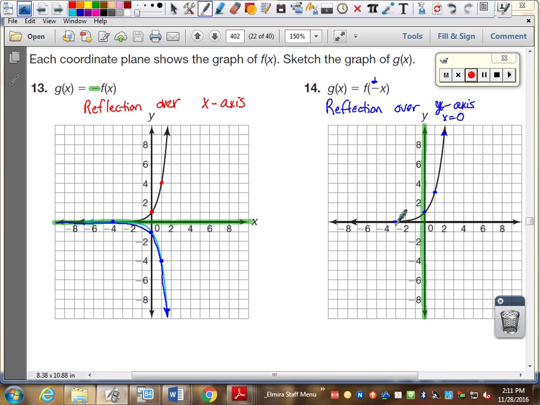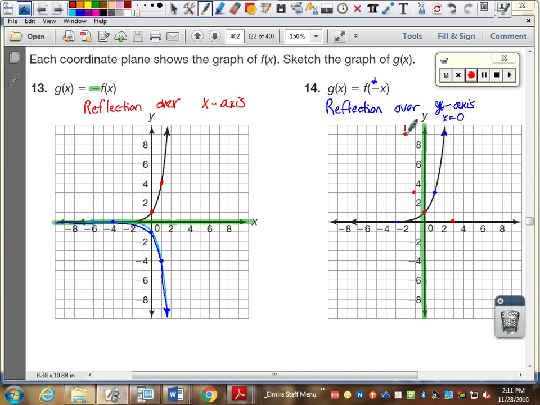Okay. Then, this blue dot is 1, 2 squares away from the y-axis, so 1, 2 squares on the other side. The blue dot is 1 square away, 1 square away. The y-intercepts in this case are going to overlap. They're going to be the exact same point. 1, 2, 3, 1, 2, 3.